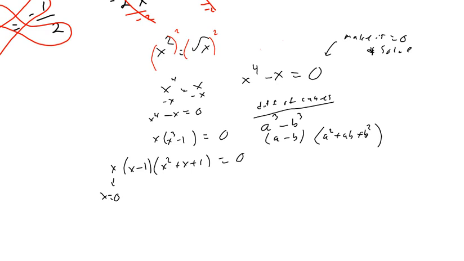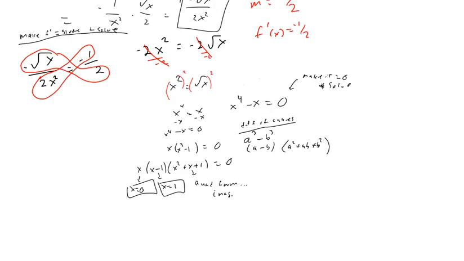This means x is equal to 1. And this means I can use quadratic formula to do this. And I'm going to get some imaginary zeros. That one doesn't work. But I have x equals 0 and x equals 1. 2 places on this 1 over x squared graph where the slope is going to be negative 1/2.